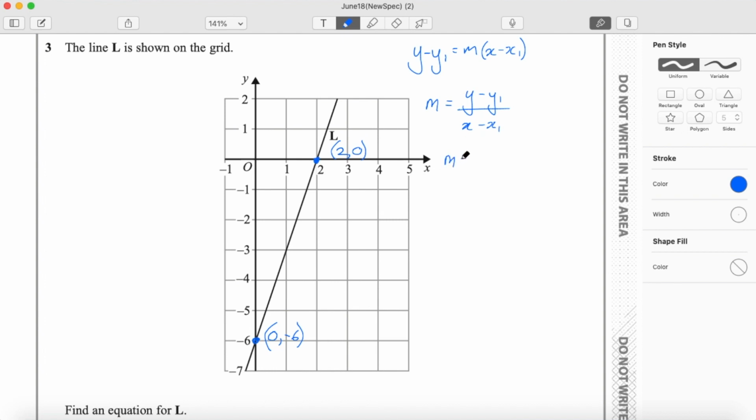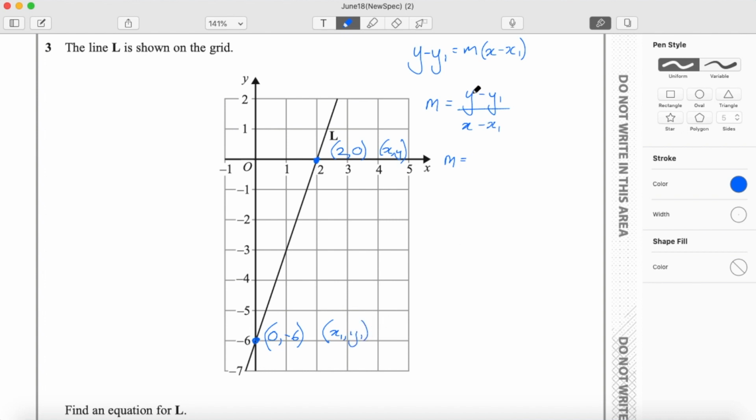So m. Now it doesn't matter which point we choose as long as we keep them the same. So let's call this point (x, y) and this point (x1, y1).